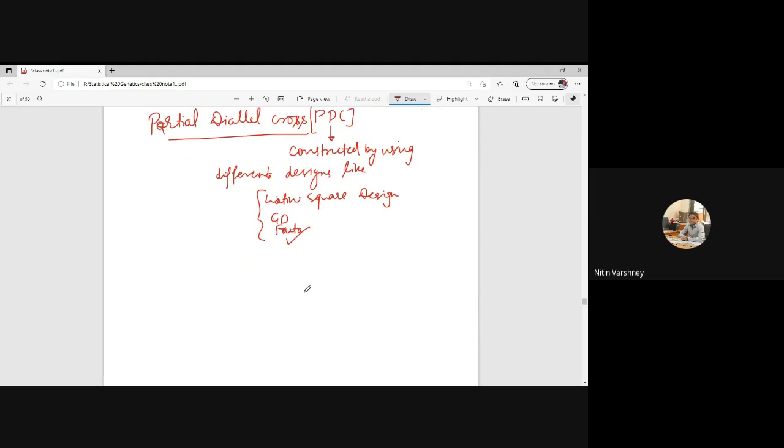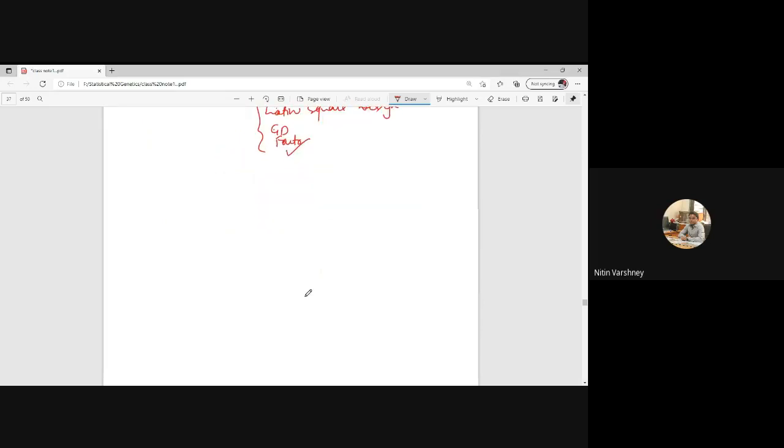Okay. Now we will see the comparison of the performance of different lines. It can be very well explained by different combining abilities.